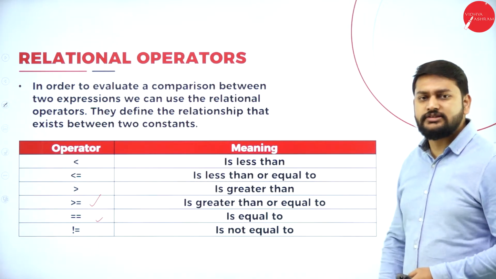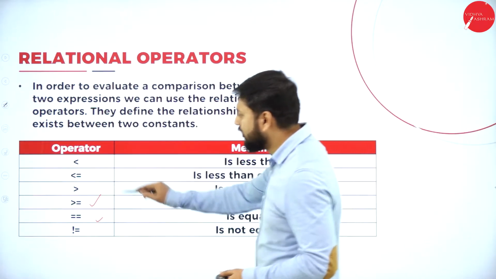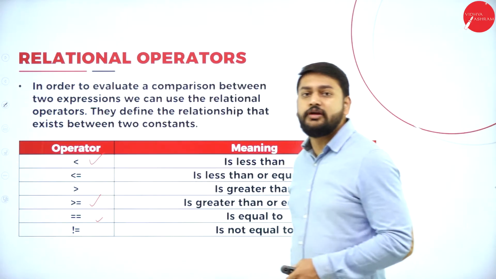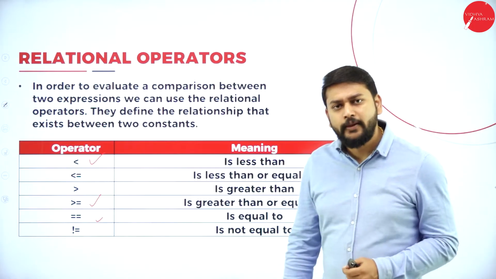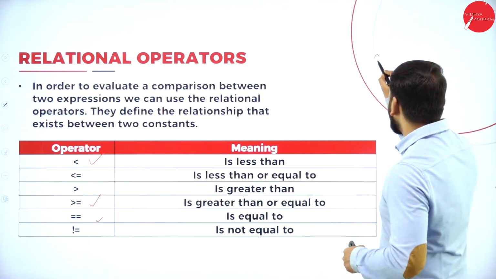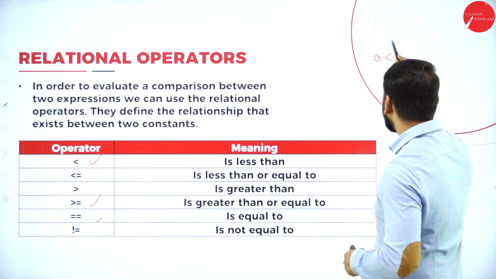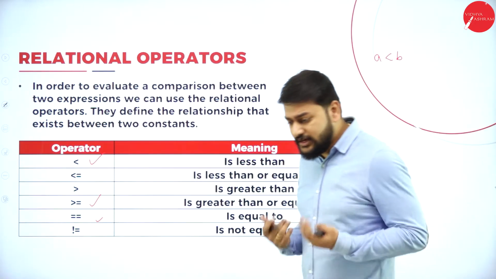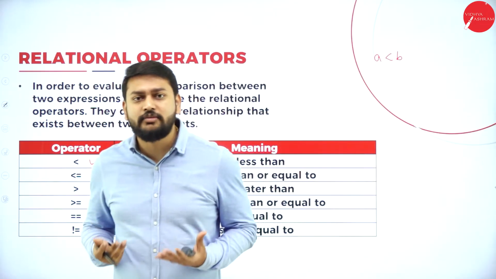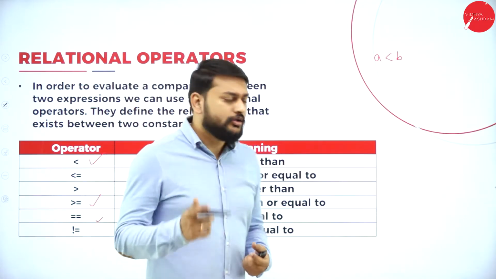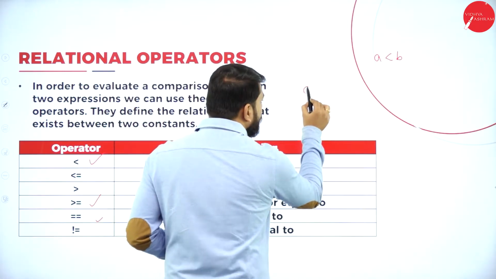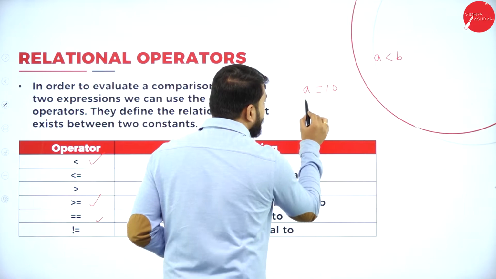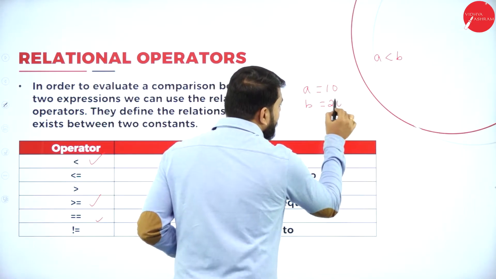Let's understand this. We have a relational operator. What is this less than symbol? How to use this one, sir? For example, A is less than B. I need to check whether A is less than B. How do you check, sir? Say for example, I have the values: A is equal to 10 and B is equal to 20.